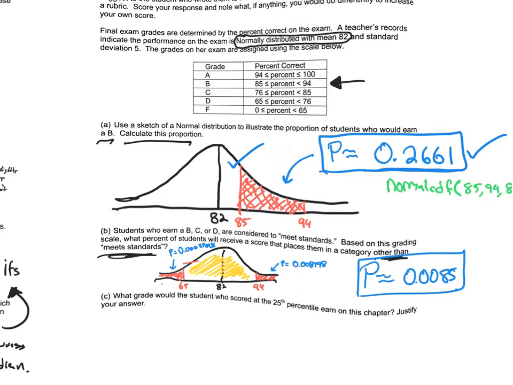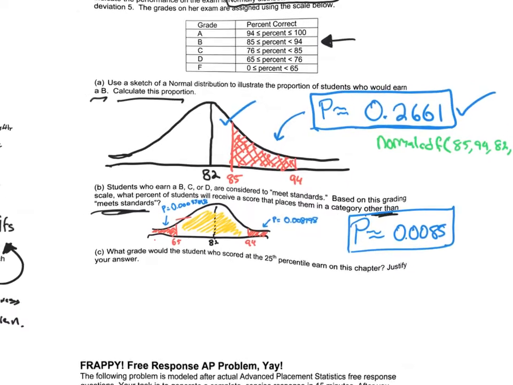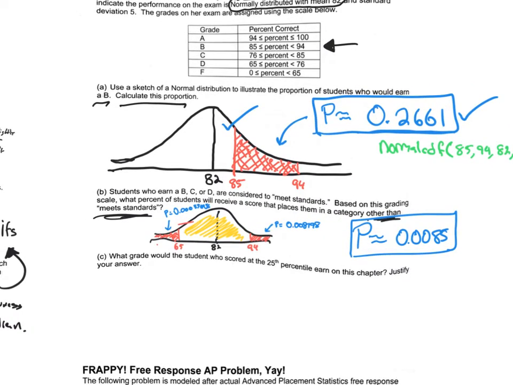So there we go. And then finally, what grade would the student have who scored in the 25th percentile earn on this chapter? So let's talk real quick about reversing this, right? We still know this is a basic curve, 82. So there's somewhere in here a value such that if I were to shade less than that value, I would be shading 25%.